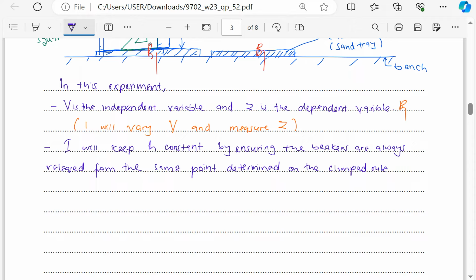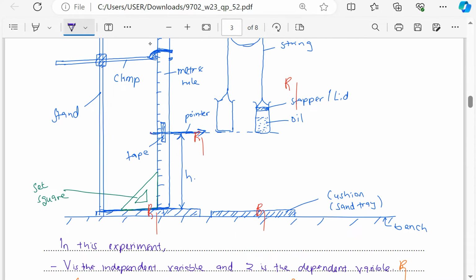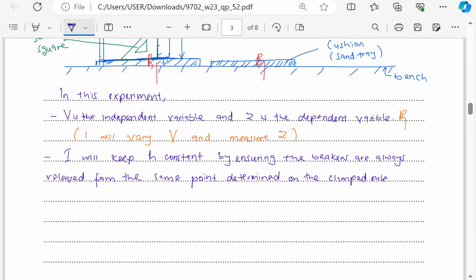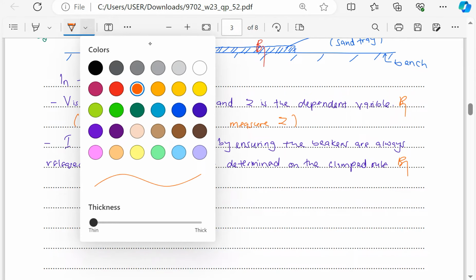So that point, I've attached a pointer here, where I will always be releasing the cylinders from. When I mention that, it means I qualify for another mark. But when you just say H is the control variable, you will not get the mark.